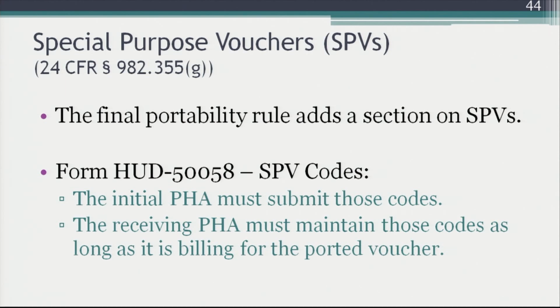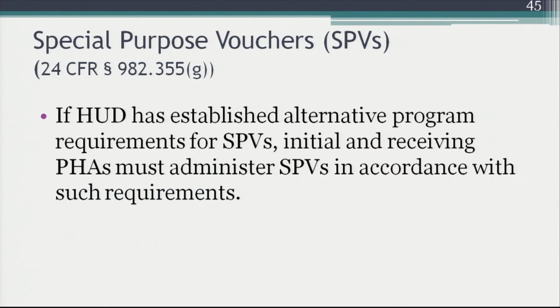In particular, the requirement is that as it relates to the family report, Form HUD 50058, and SPV codes, the initial PHA must submit those codes on the 50058, and then the receiving PHA maintains those codes as long as it is billing for the ported voucher. Additionally, if HUD has established alternative program requirements for special purpose vouchers, initial and receiving PHAs must administer special purpose vouchers in accordance with such requirements.